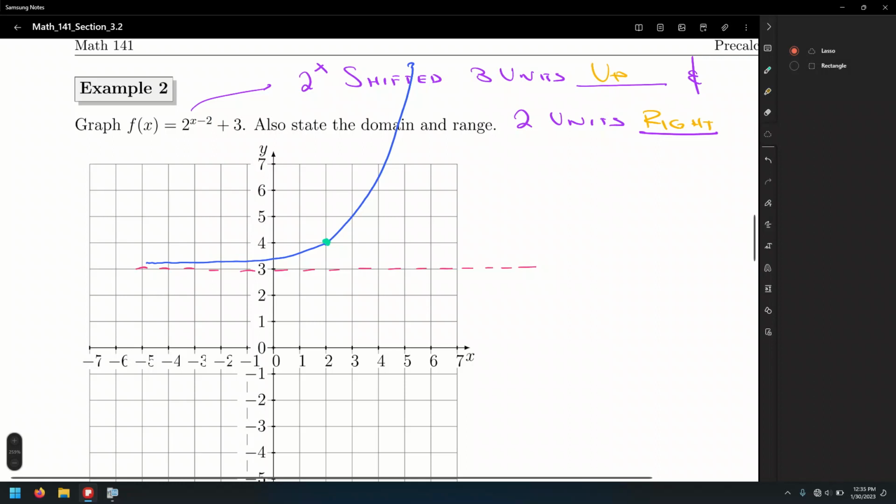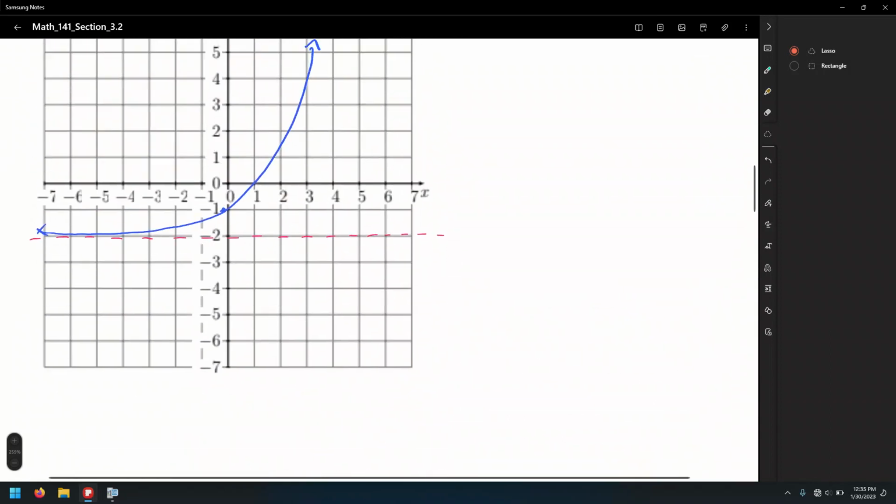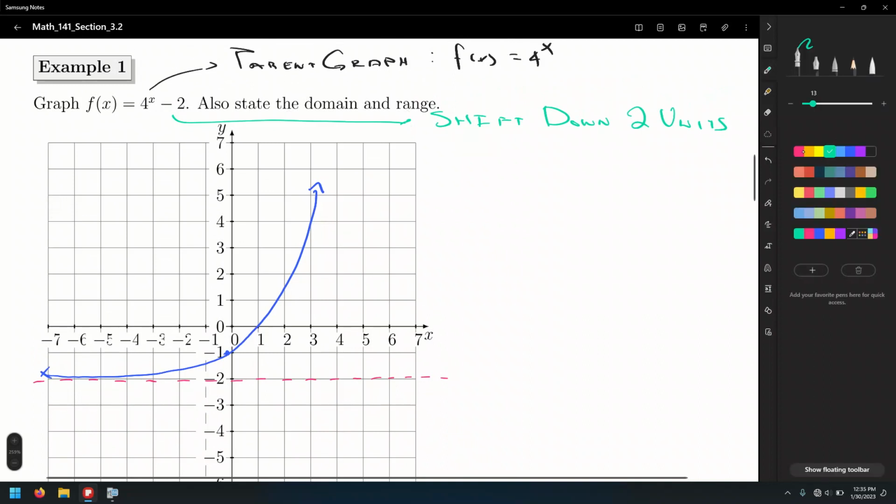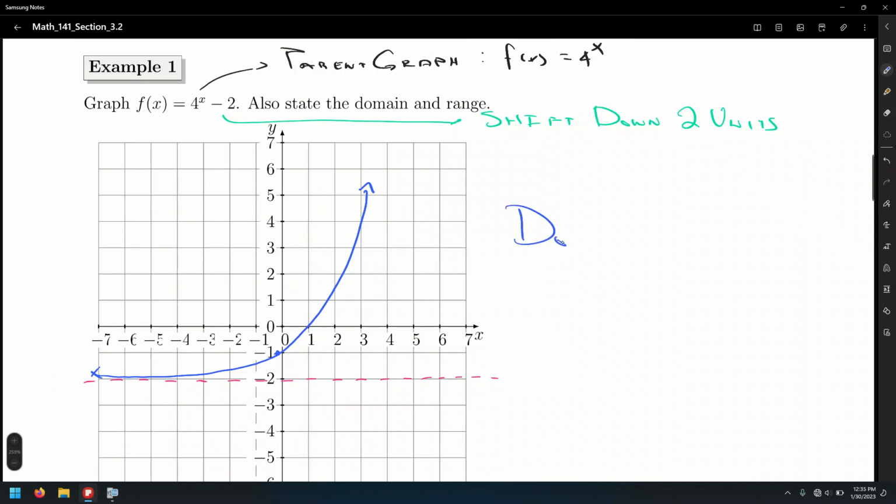That's pretty much it. However, I would like to go back to the previous example because there was more about it. I didn't state the domain and the range. The domain is still the same.